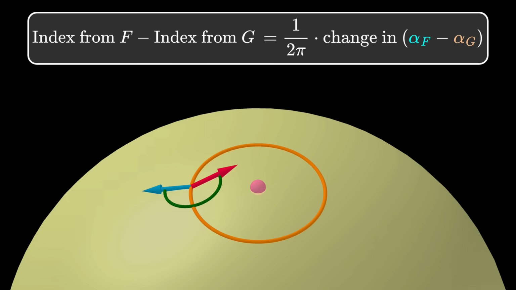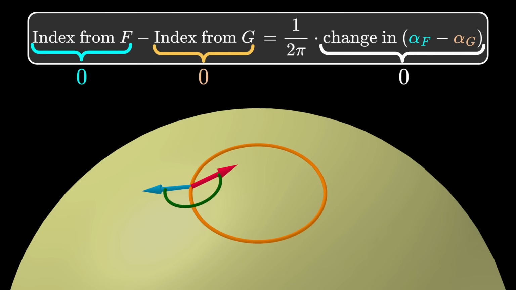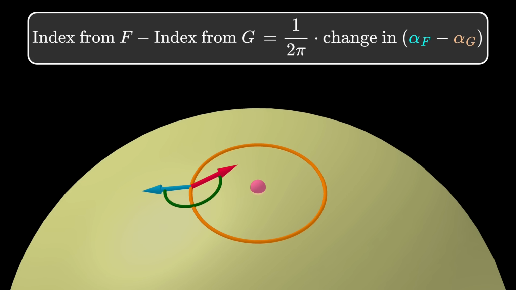The indices are 0 and the net angle change is 0, so the formula still works. It also works if it is a zero of f but not g, or a zero of g but not f. As long as the path encircles at most 1 zero, this formula works.